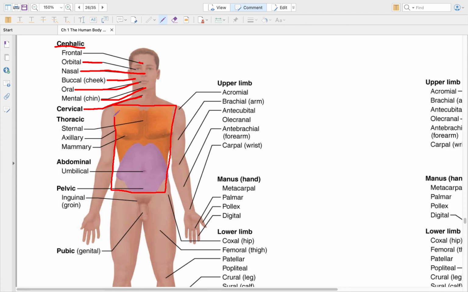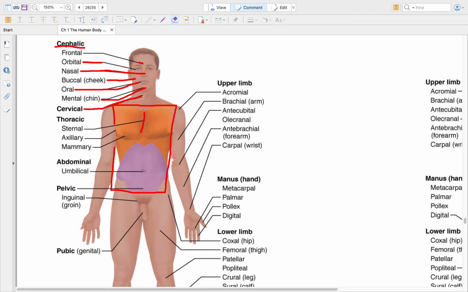Not too difficult. This is clearly the trunk. What kind of terms do we have here? In the center, that's your sternal area because the sternum is there. Kind of in the armpit area is called the axillary. And because there are mammary glands in the pectoral region, that's called mammary.